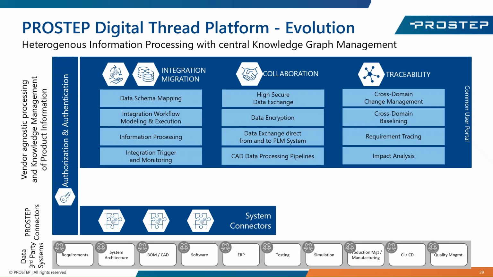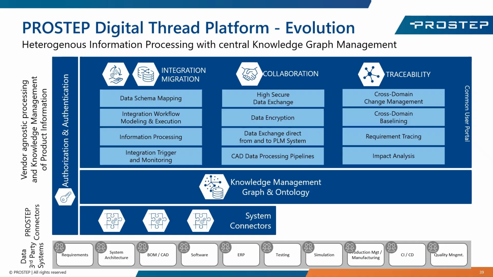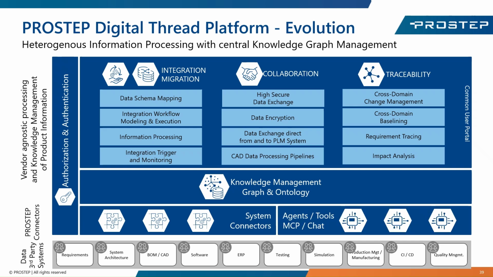So where is the digital thread platform going in 2026? What we're doing is adding a knowledge management graph and ontology definition layer. So data that's pulled out of the system connectors will be persisted within the knowledge management graph, and you could do an initial load of all the data if you like. And then you can define your ontology so that each of the systems that are connected then will speak your enterprise language.